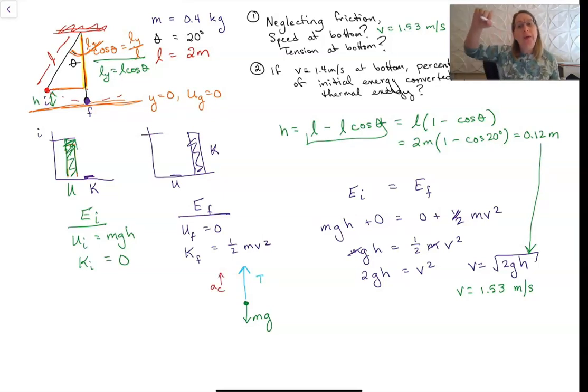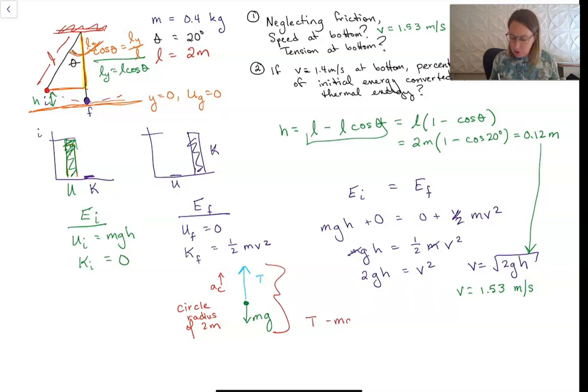It's still going in a circle, right? It's swinging and it's starting to mark out a circle with a radius of 2 meters. And so from my force diagram, this gives me tension up minus mg is equal to ma.